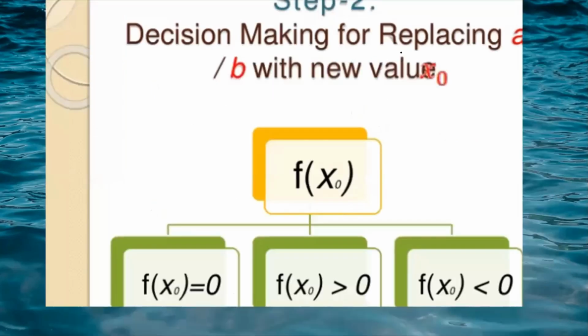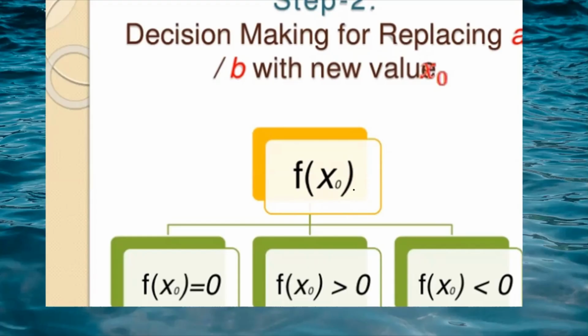Next, decision making for replacing a and b with a new value x naught. So how will you replace a, b with a new value? First, we have to find f of x naught. See, what values will you get? It may be 0, it may be less than 0, it may be greater than 0. How will you find x naught? That is a plus b by 2. What are a and b?